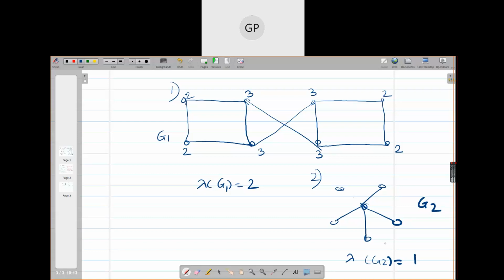Do you understand this? So what you can comment here, G2 is a circuit-free graph. There is no circuit. Every edge is a bridge.